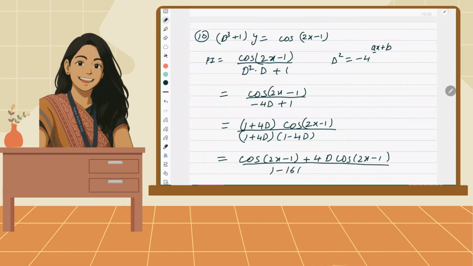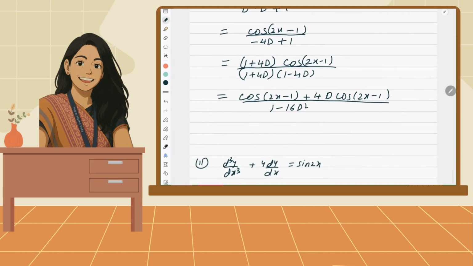So 1 minus 16D square. Okay. So now let us solve it. So cos(2x minus 1). Now what is differentiation of cos? Minus sign. And this 2 will also come. So minus 8 sin(2x minus 1) upon 1 minus 16 times minus 4.